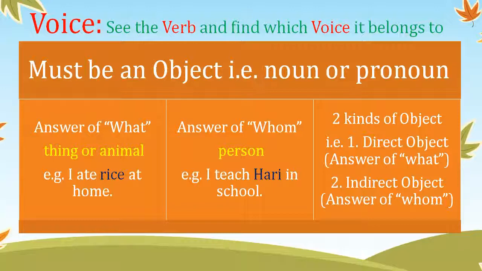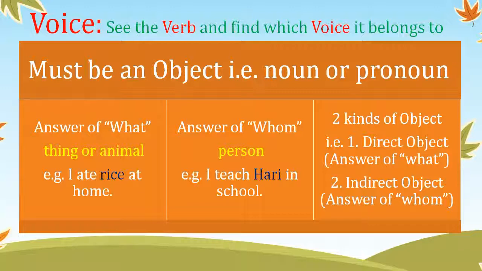So here we are going to learn about that. When we know that this is active voice, then we have to change it into passive voice. While converting into the passive voice, you must understand that the verb must take an object.